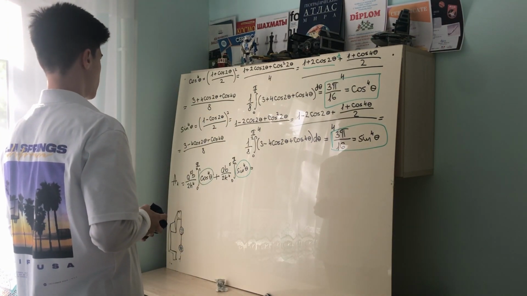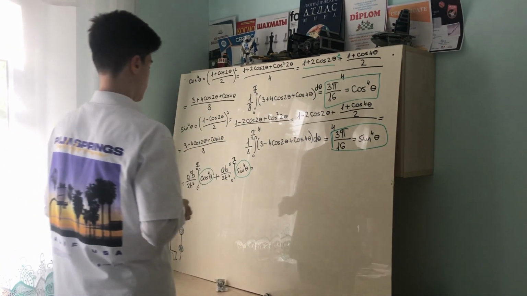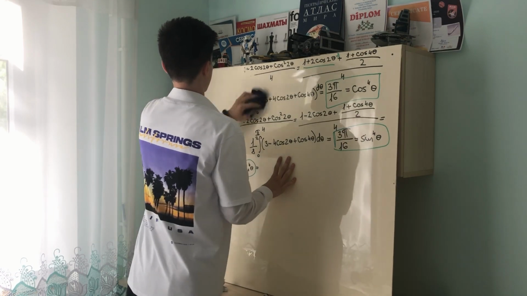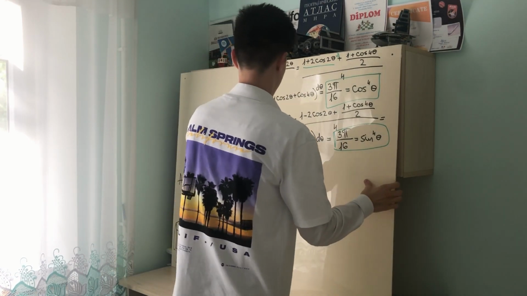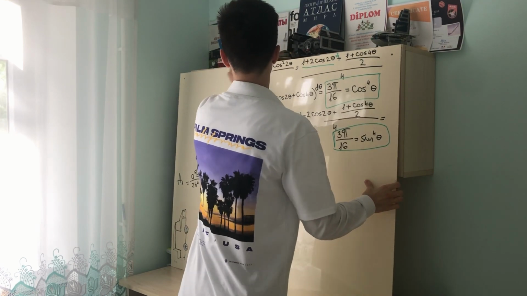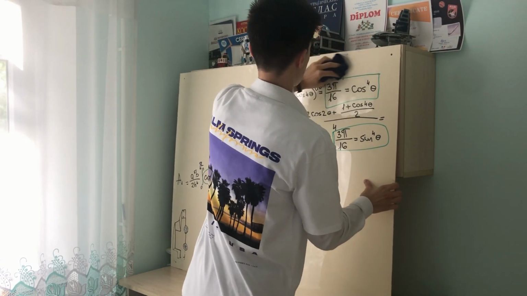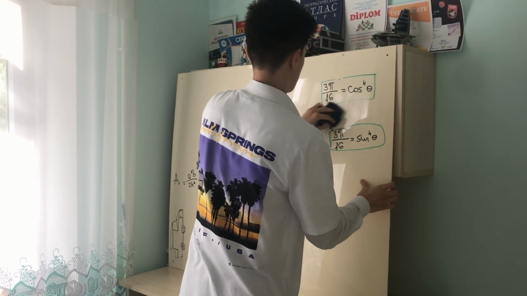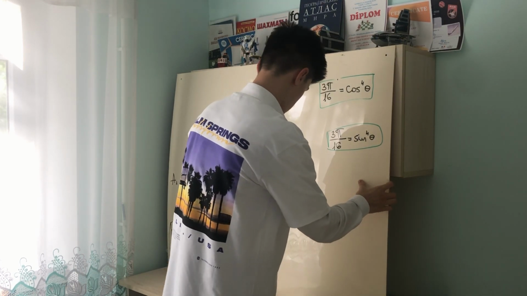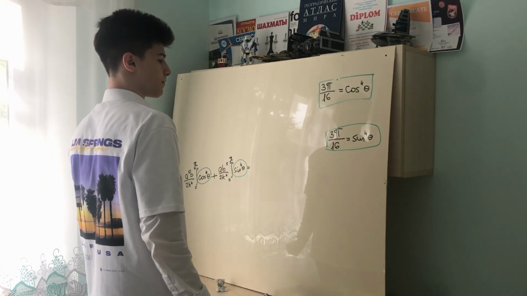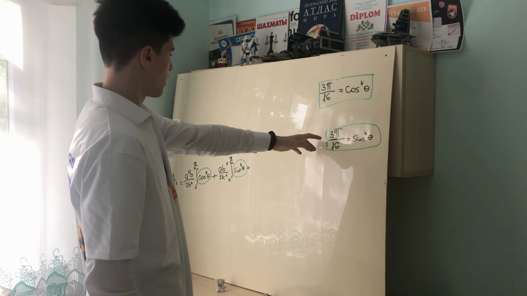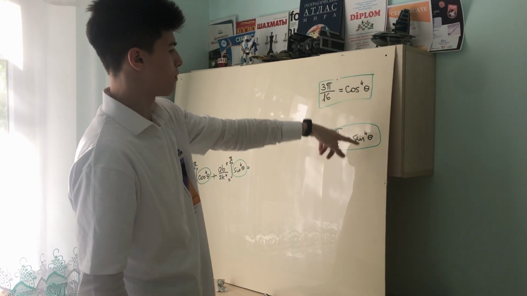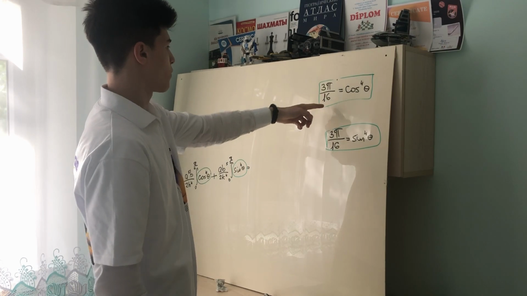Let me clear this part. As you can see, we have common cosine and sine to the 4 theta, which is 3 pi over 16.